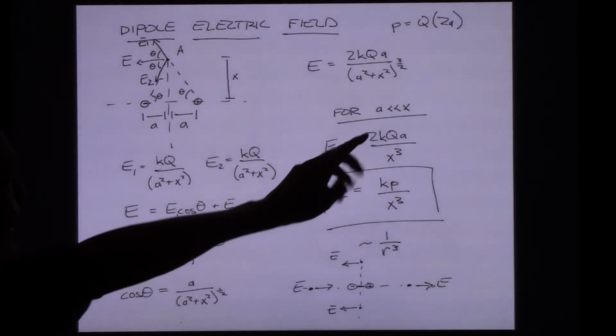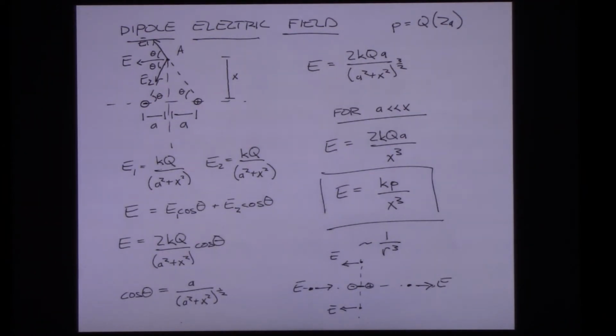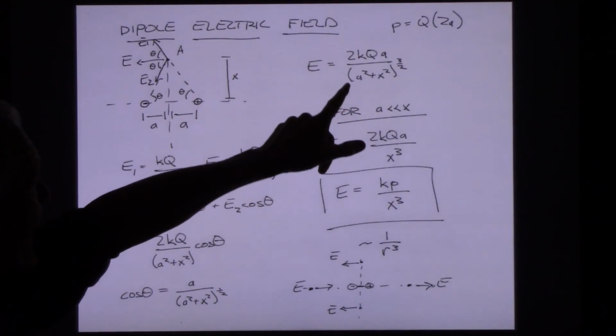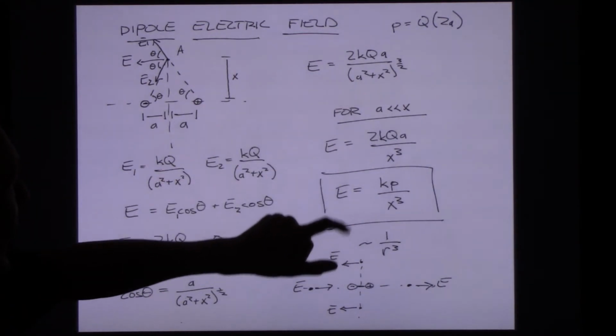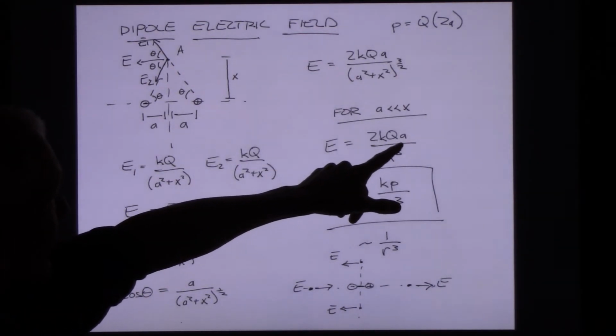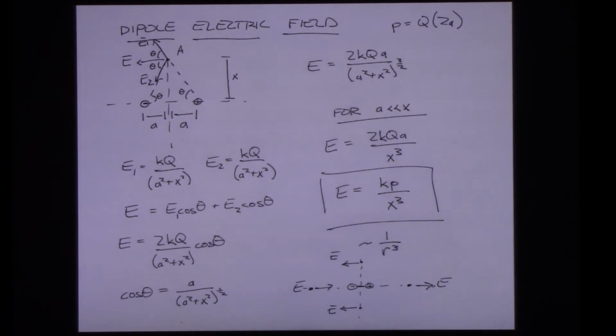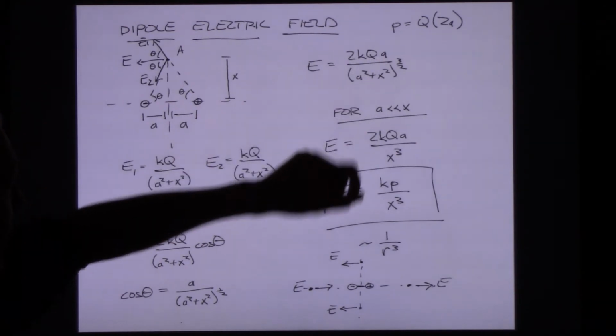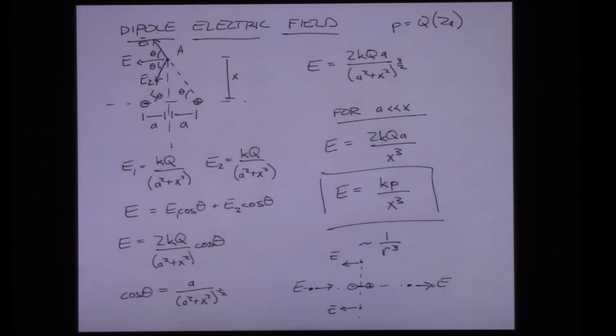Now again, what we can say is if a is really, really small, so when we talk about a dipole, we usually imagine these charges placed close together and we're measuring the field far away. So once we get far away from the dipole, we ignore the a squared and the formula becomes 2kqa over x to the 3rd. I replaced the q times 2a with the dipole. It becomes kp over x to the 3rd. Now that's 1 over distance cubed behavior.